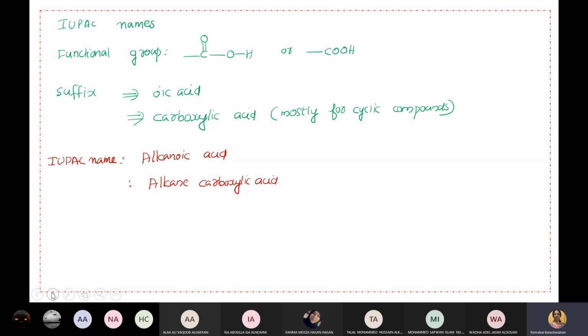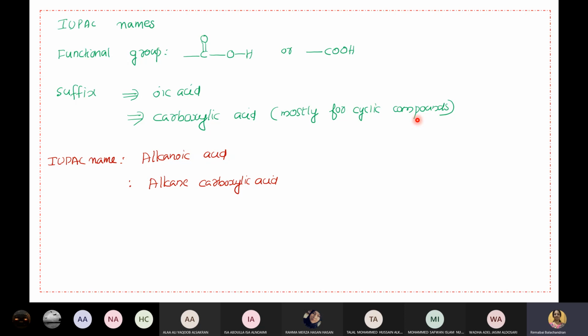Now the functional group, all of you know this one, but before I didn't do one particular name. Which name? Carboxylic acid we didn't do. Like I told you about aldehyde also, I wrote in brackets mostly for cyclic compounds.